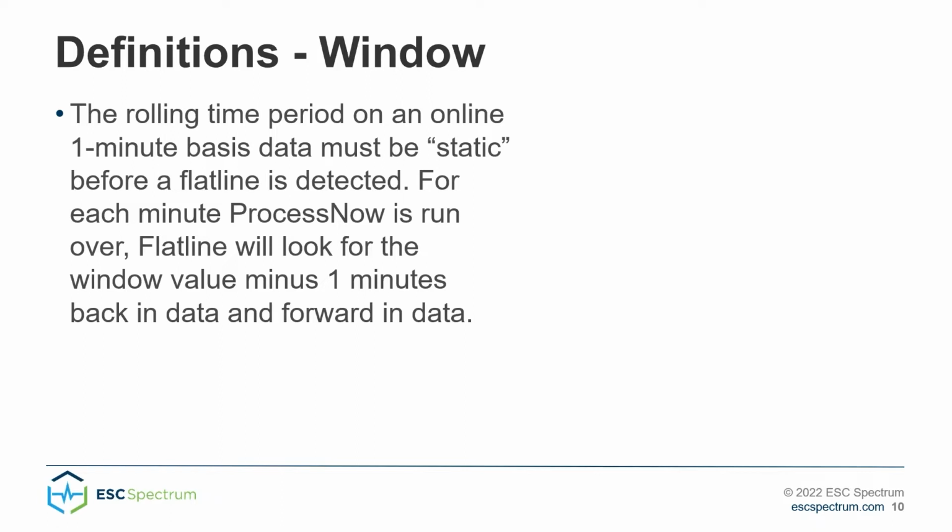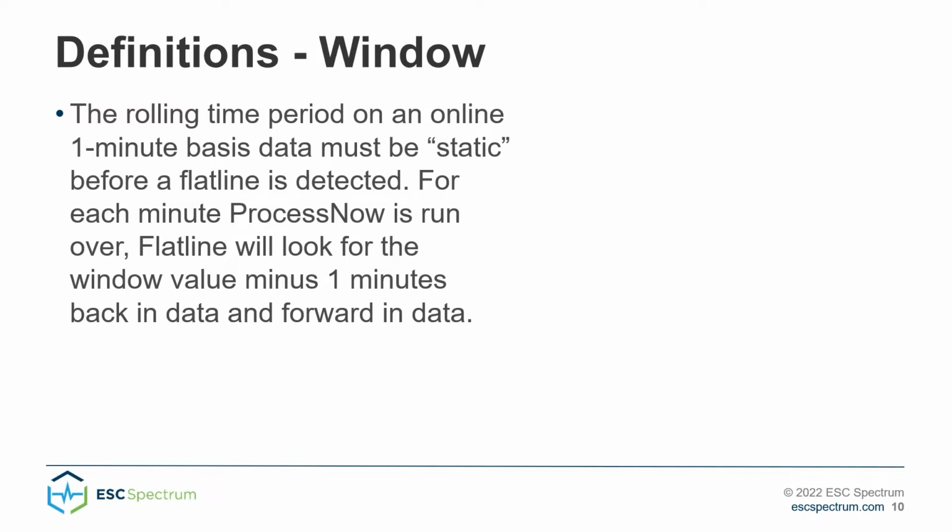Within the settings for Flatline, there's a setting for window. Window is going to be a rolling time period on a 1 minute basis where the data must be static before a Flatline is detected. So when this ProcessNow task is run over data, each minute within the time period it is run over will look for the window value minus 1 back in the data and forward in the data.